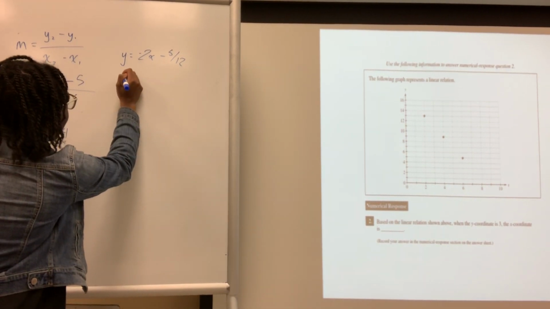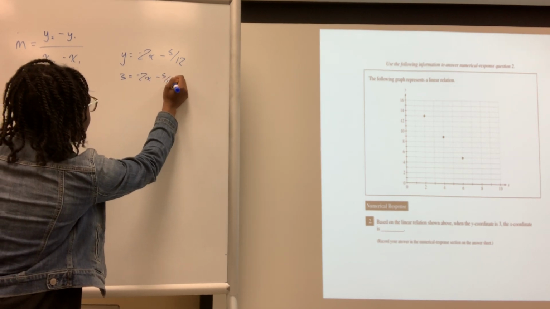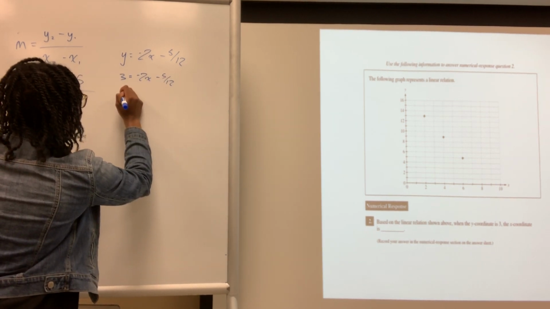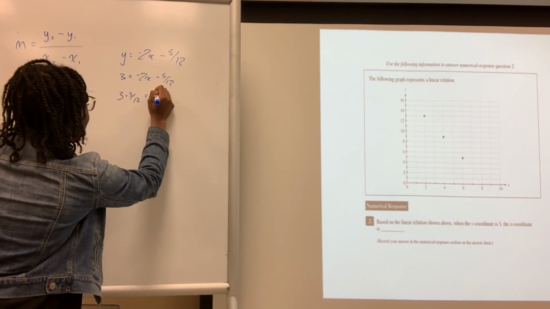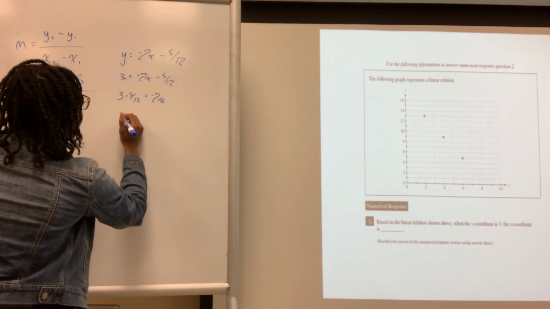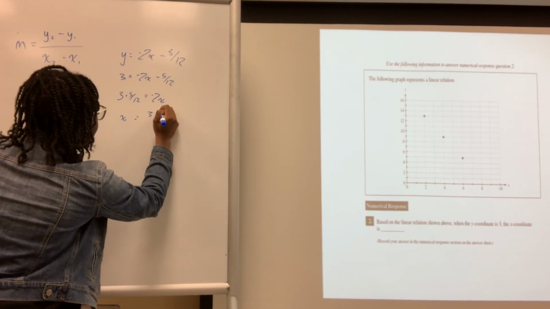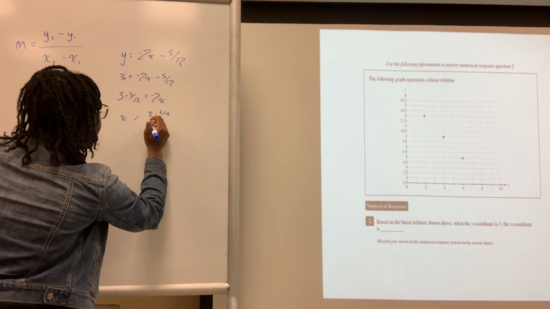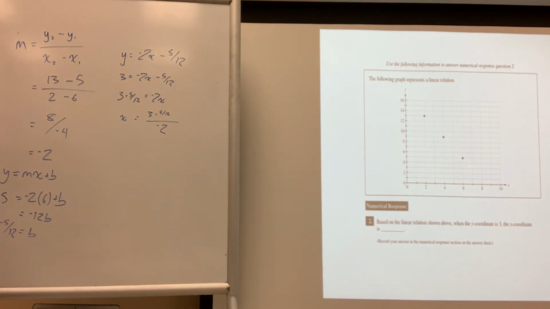So 3 is equal to -2x minus 5/12. 3 plus 5/12 is equal to -2x. And then x is equal to 3 plus 5/12, divided by -2. And then from there you can put that into your calculator.